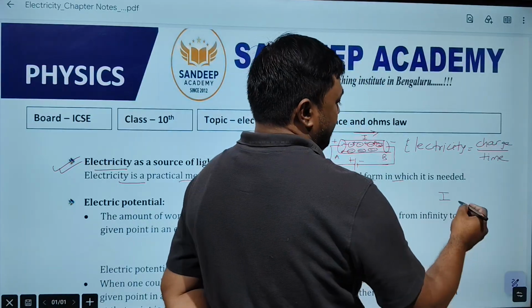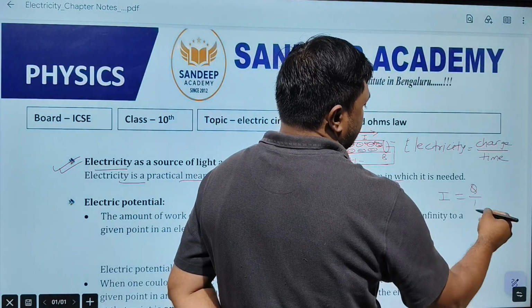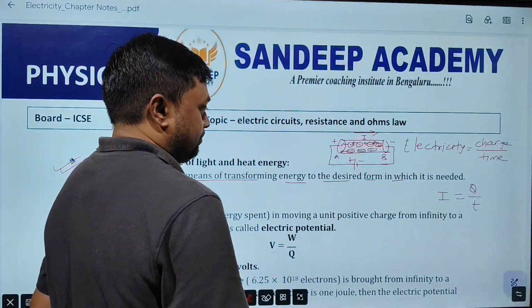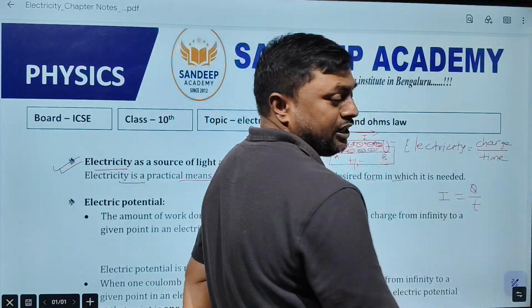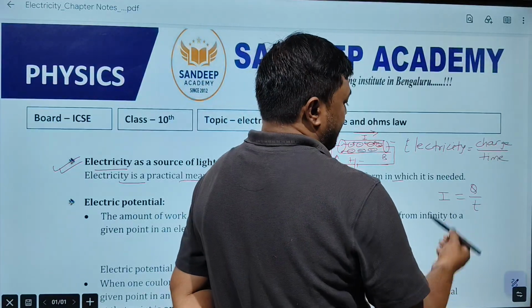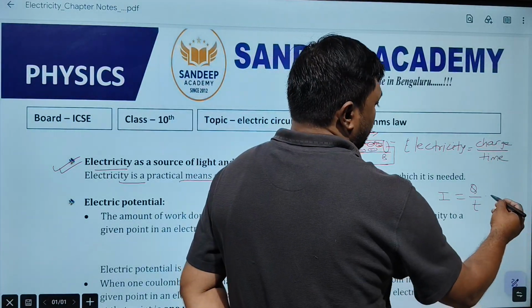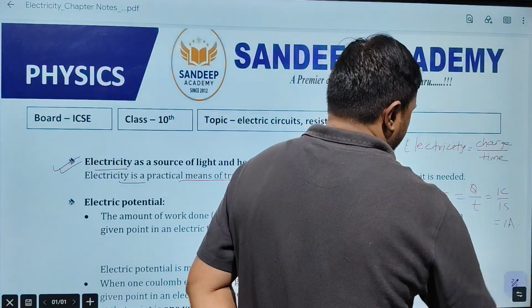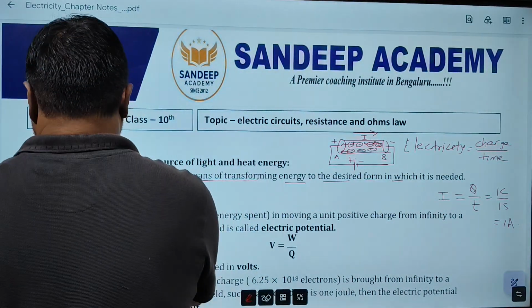Electric current we write as I, charge as Q. So I is equal to Q by T. Am I clear? Charge is generally measured in coulomb, time in second, current in ampere. So if 1 coulomb of charge flows for 1 second, then current is said to be 1 ampere.